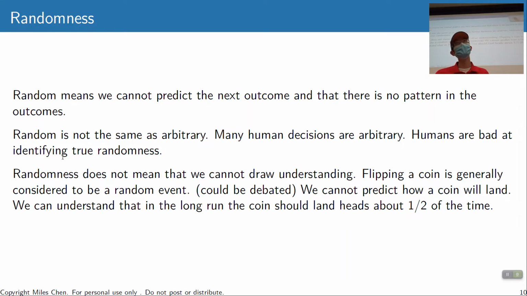Humans are bad at identifying what's random and knowing something that's random. Okay? If you ask a person to create a random sequence of digits, right? Write down 20 digits in random order.